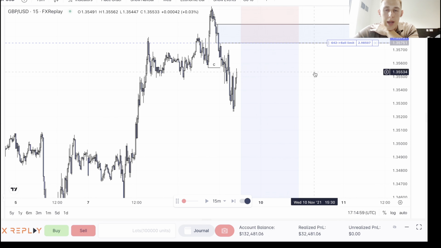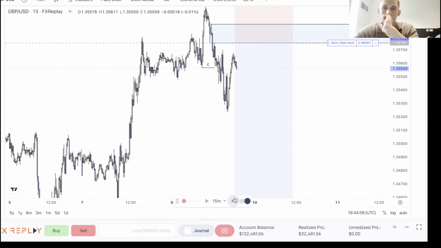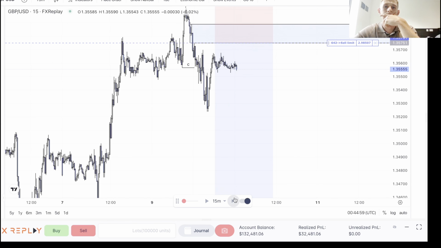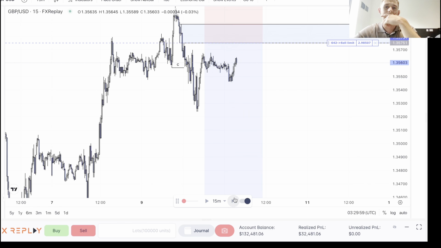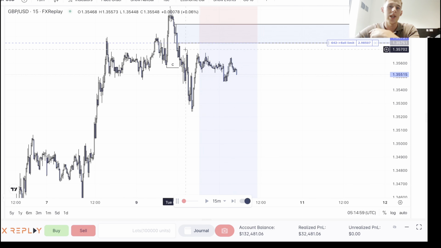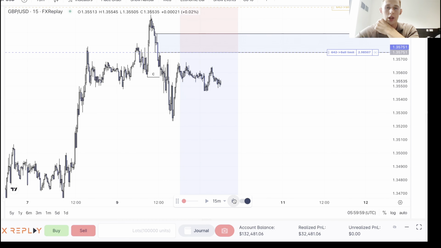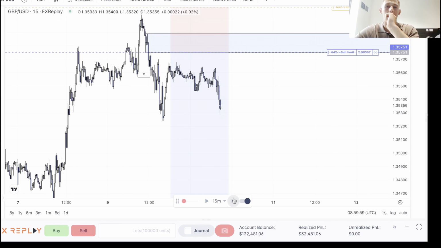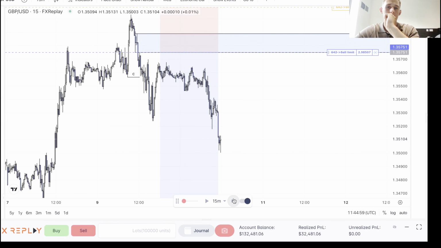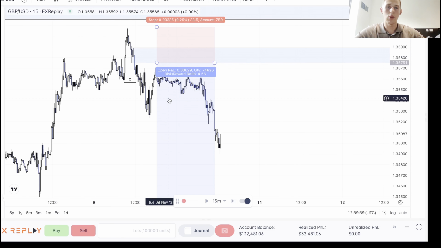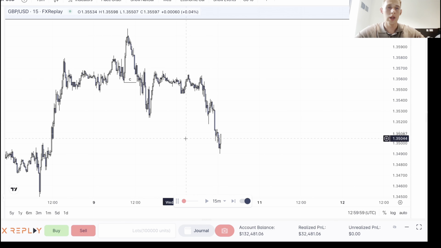Could react from here as well. You can see price building all of these highs below our level, so I'm just going to go with the original zone. Or maybe not, so price may not want to pull back, which is fine.